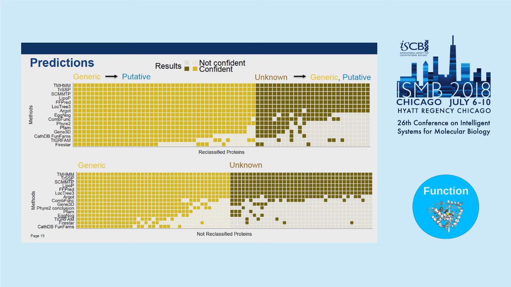So here are the proteins that were moved from generic to putative confidence class, and you can see that for almost all of them we obtained results from almost all of the methods. Comparing to, for example, the unknown class, which remained in the unknown class, for which mostly only membrane-related predictors, except FFPred and LOGO, which are non-homology-based predictors, returned results for those proteins.